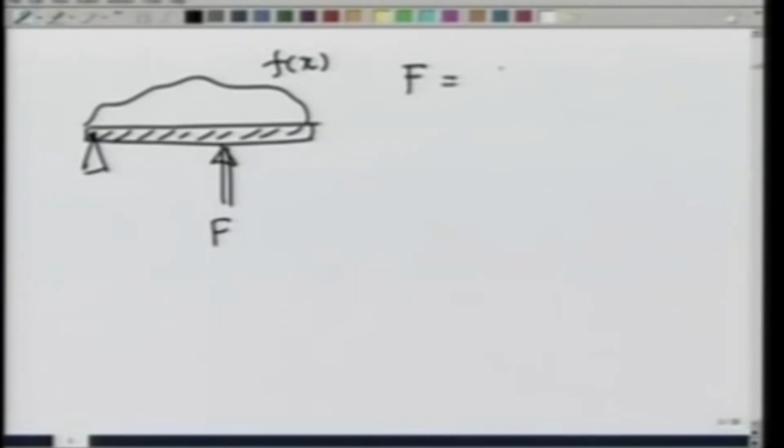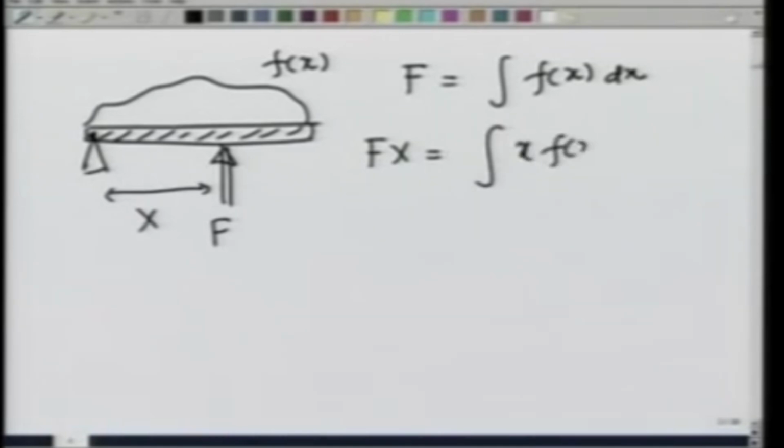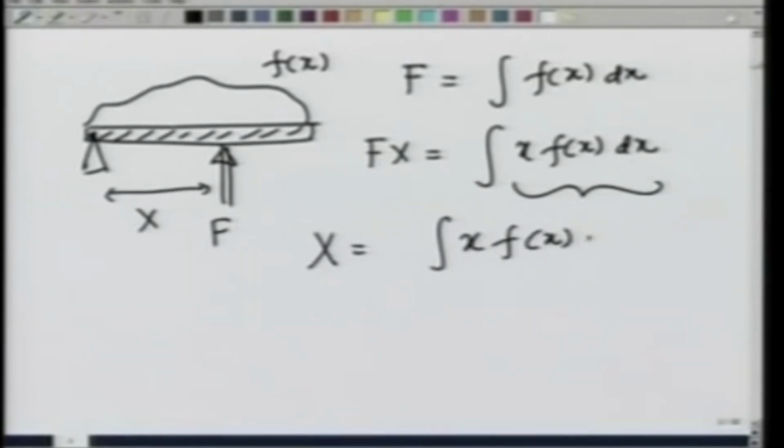To equilibrate the beam is going to be integration f x dx, and I should have F times x, where x is the distance at which the force is being applied, equal to integration x f x dx, which is nothing but the moment generated by the force distribution f x, and therefore, x equals integration x f x dx over F, and this by definition is the definition of centroid.